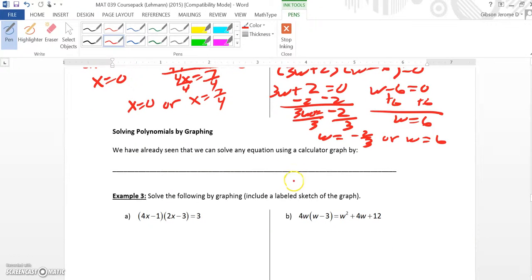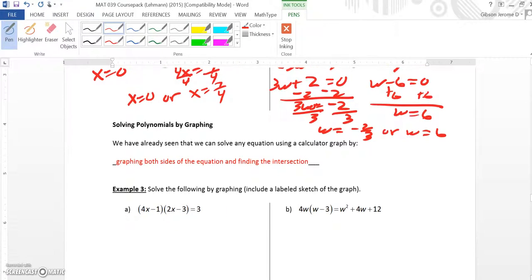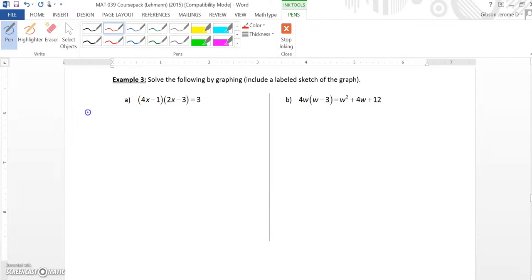Now it says solve polynomials by graphing. We have already seen that we could solve any equation using a calculator graph by graphing both sides of the equation and finding the intersection. So basically this is how this will go. You would take out your graphing calculator, either your TI-83 or TI-84 plus.